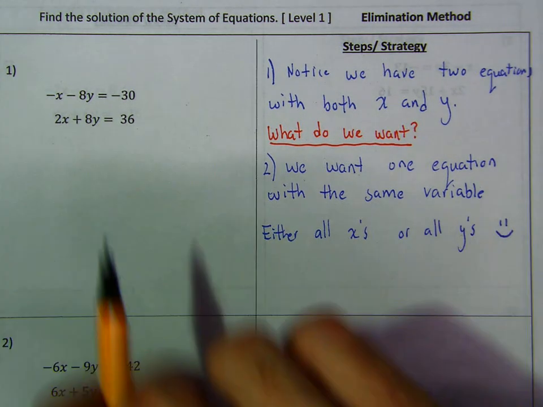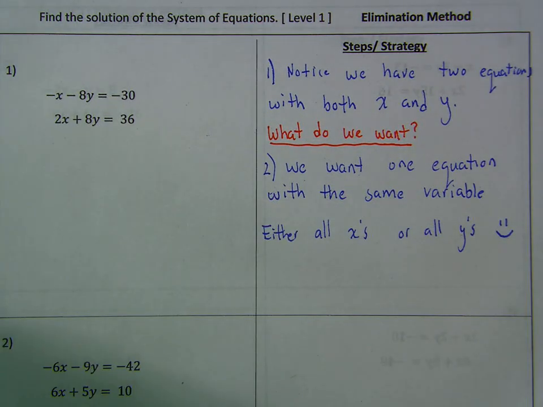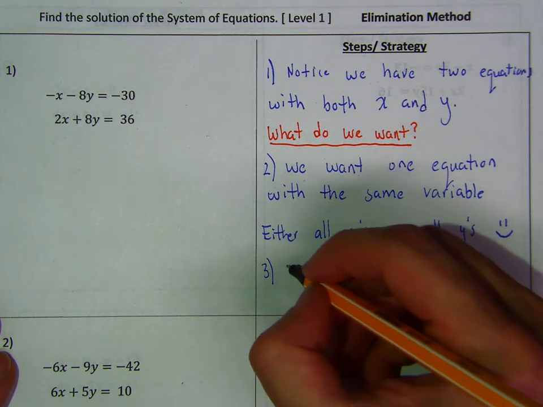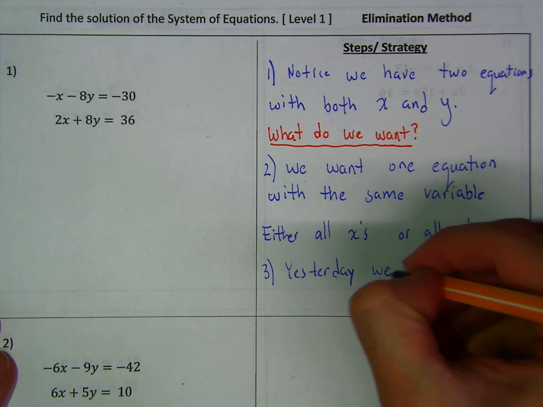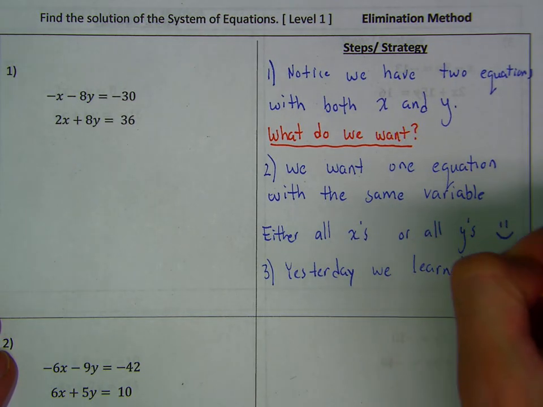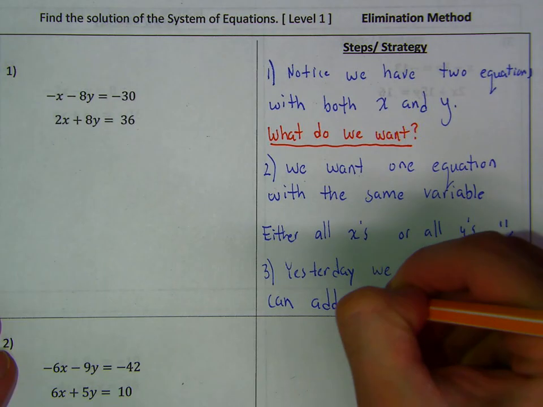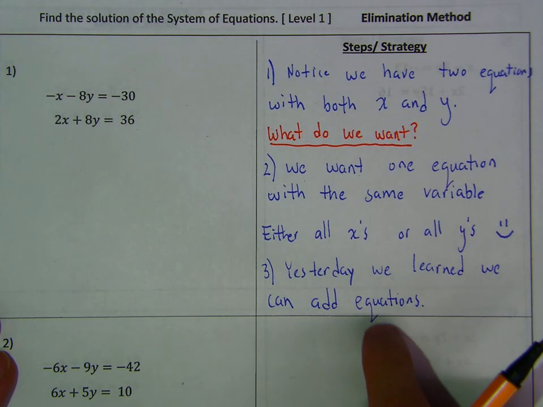So what is something that we want that is nice? From yesterday we learned we can add equations. You remember those ideas that we did yesterday? You can add equations.